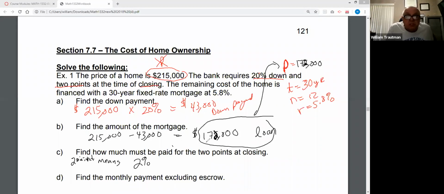At the time of closing, this is the loan. So 172,000 times 2% is the money for the points. 2% times 172,000 is 3,440.